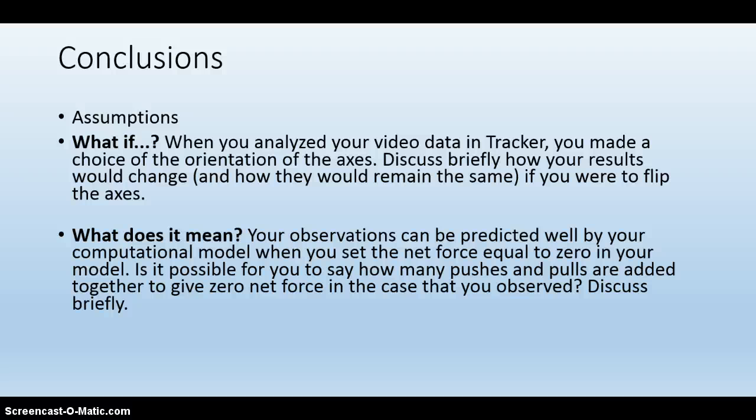If I did not set the orientation of the axis in Tracker, this would cause error in our values. If we were to flip the axes, it would just make negative values. So instead of a positive x-axis, we would have a negative x-axis.